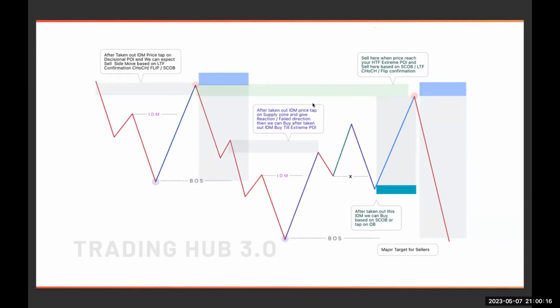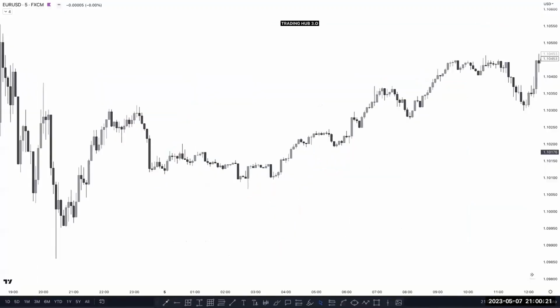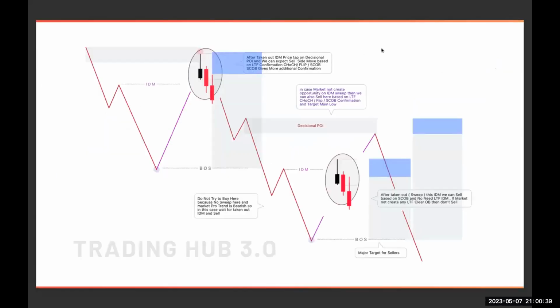Okay, and now I'm going to switch to the next part, the next diagram. In this diagram, you can see everything is bearish, but the situation is a little bit different in this case.